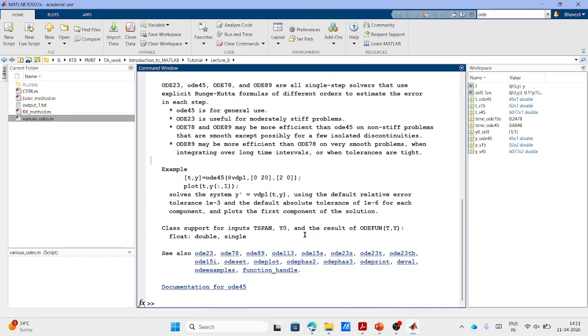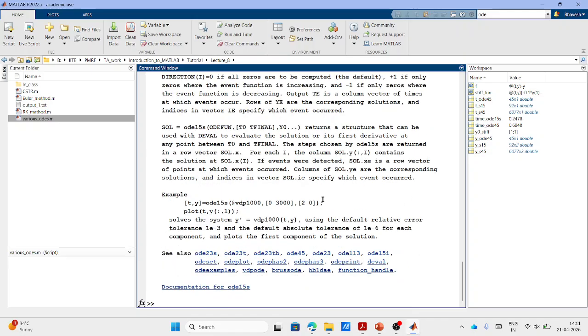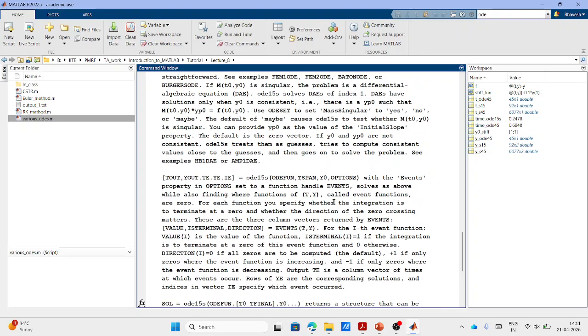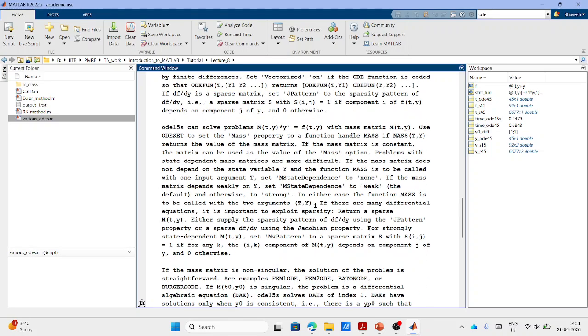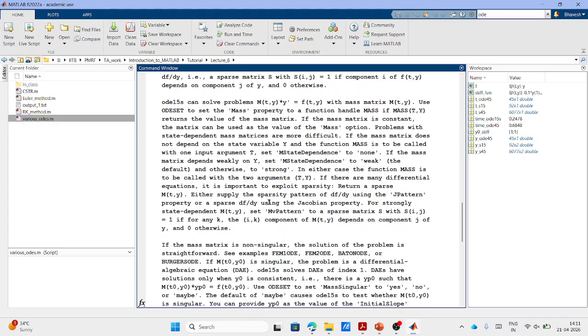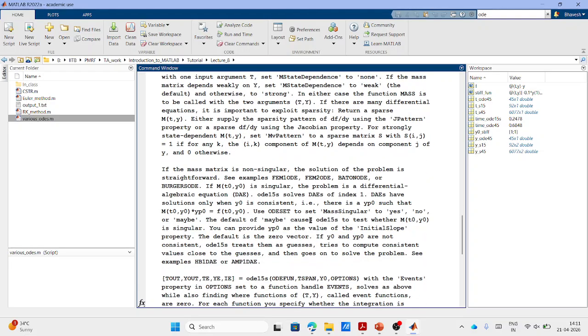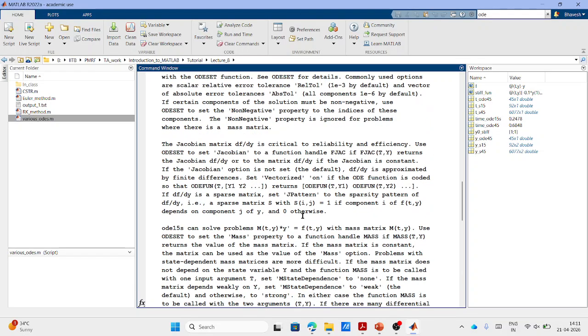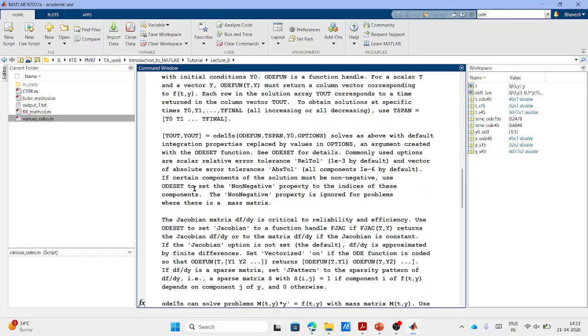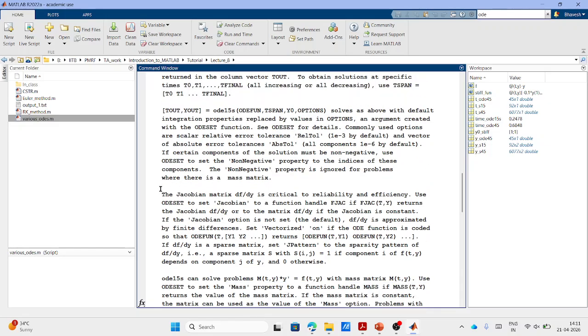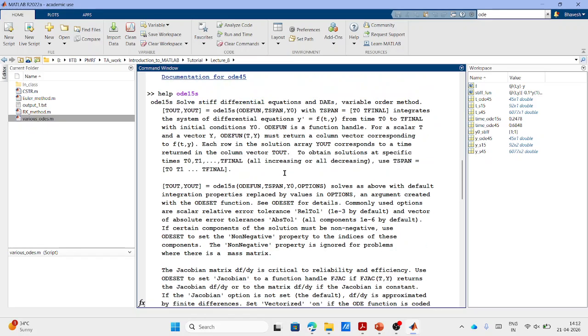Compared to that, if I look at ODE15s, its entire description is given here, which kind of method it uses. Here it does some Jacobian computation, etc., to find the solution.